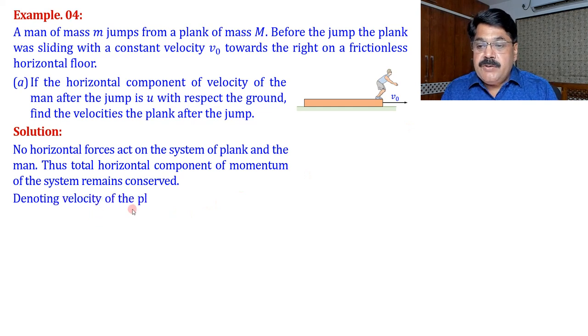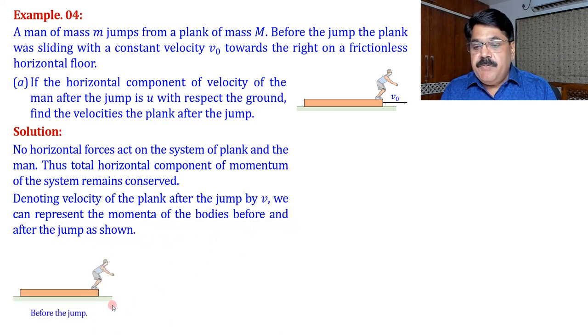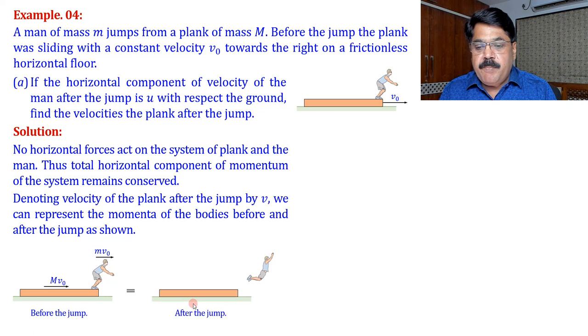Denoting the velocity of the plank after the jump by v, we can represent the momenta of the bodies before and after the jump as shown here in the diagram. Before the jump, the momenta are Mv0, the momentum of the plank, and small mv0, the momentum of the man, because the man was moving with the plank. Immediately after the jump, we can assume the velocity of the plank is v in the same direction.